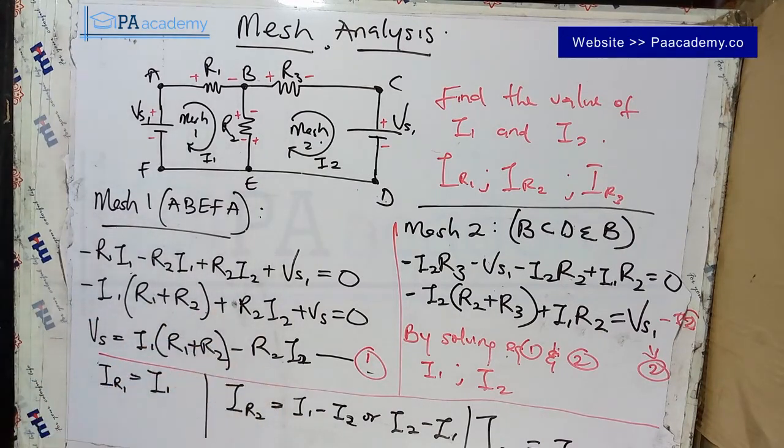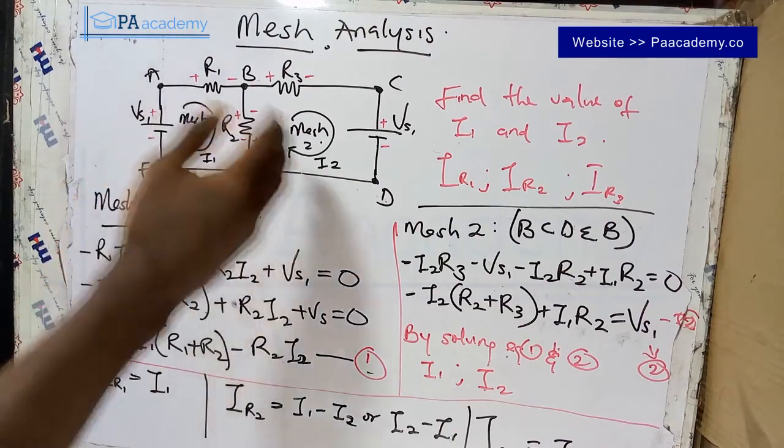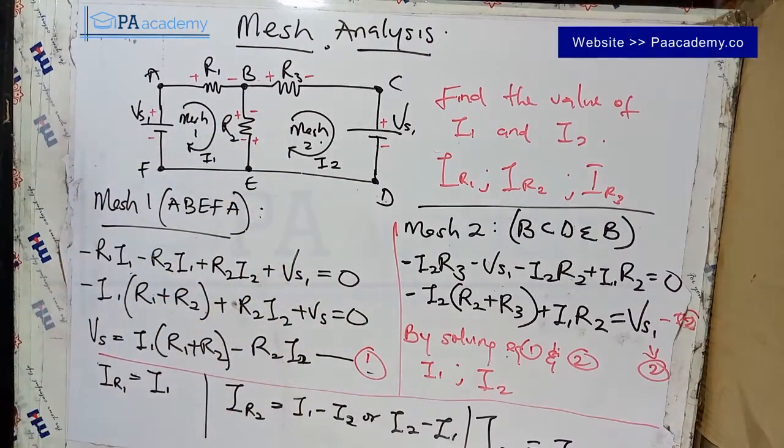Depending on what they are asking you to look for, maybe you're asked to look for the current in each mesh, or the current in any of the elements in the circuit. Once you understand this, then you'll be good to go. In the next video, I'm going to be looking at different examples on how to apply mesh analysis.